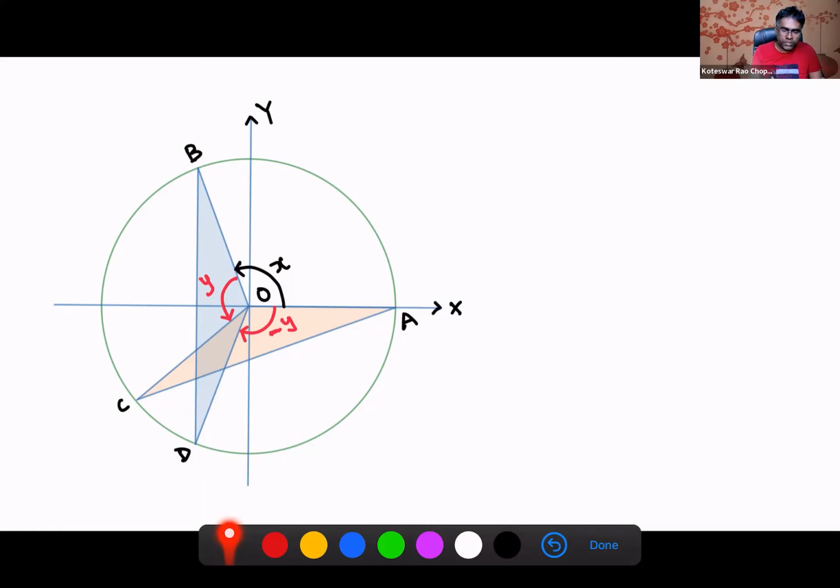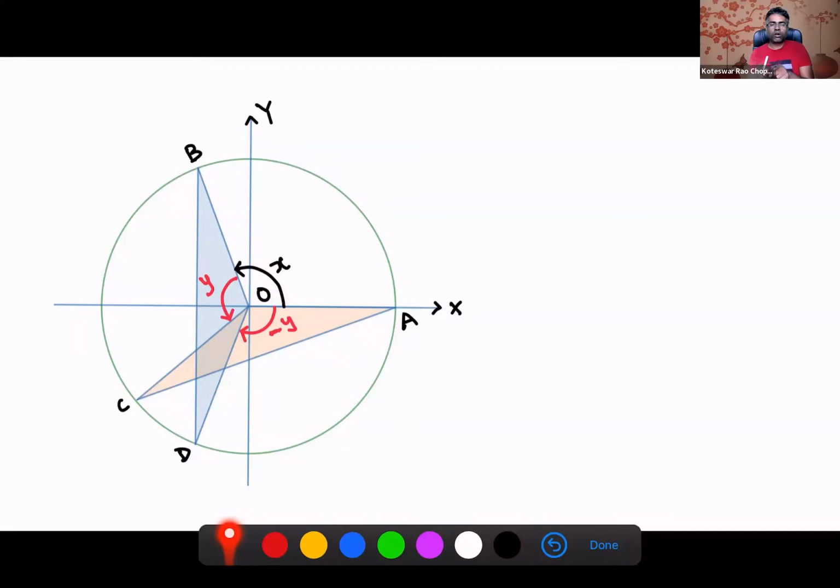If you turn the OA vector by an angle x radians, you get point B on the circle. And if you turn x plus y, from the OB line turning y radians, you get this point C.